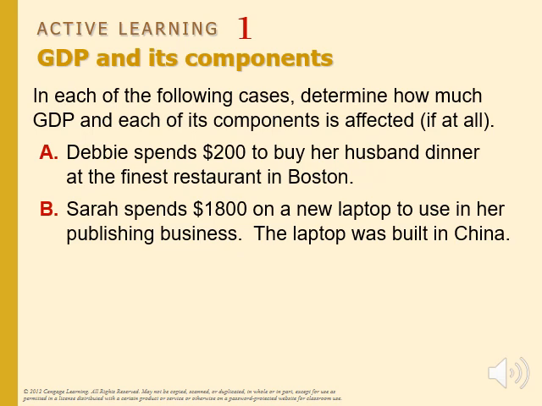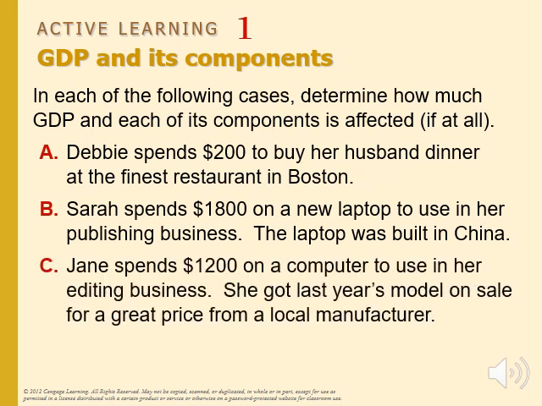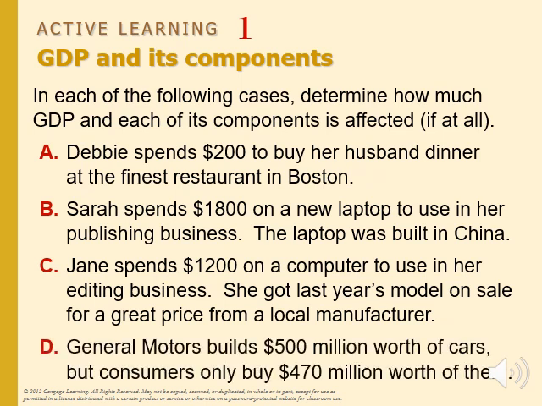She got last year's model on sale for a really good price from a local manufacturer. General Motors builds $500 million worth of cars, but consumers only buy 470 million worth of them. How do each of these forms of expenditure compute in our framework for GDP? I'll give you just a moment to think about it.